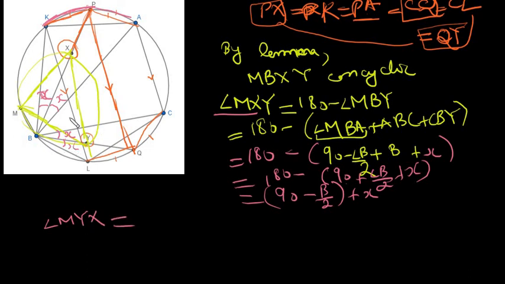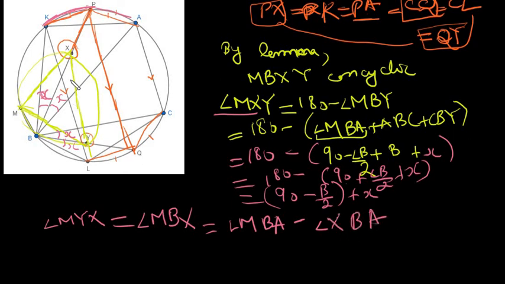But angle MYX is equal to angle MBX. But angle MBX, well, that's just equal to angle MBA minus angle XBA. So it's this angle removed from the total angle. So from angle MBA, if you remove the small x, you get the angle MBX.